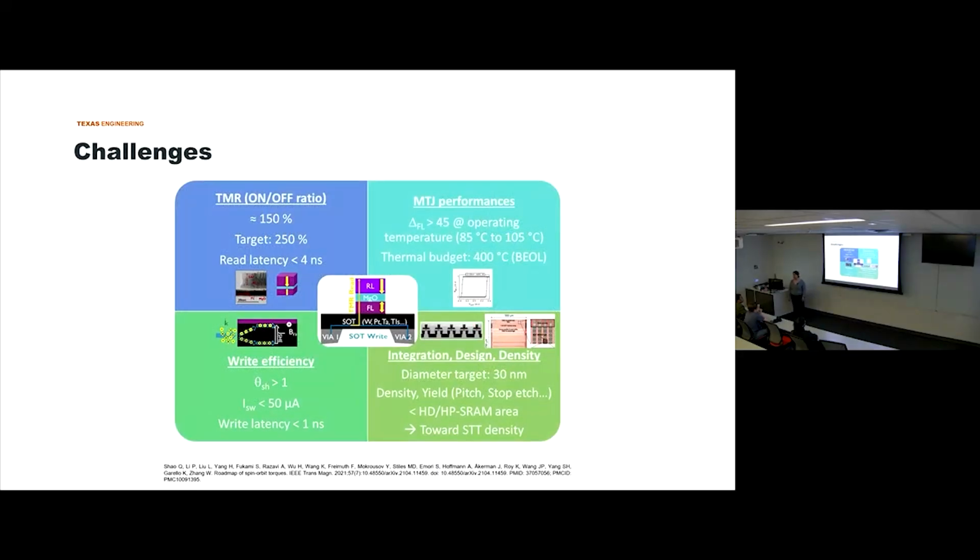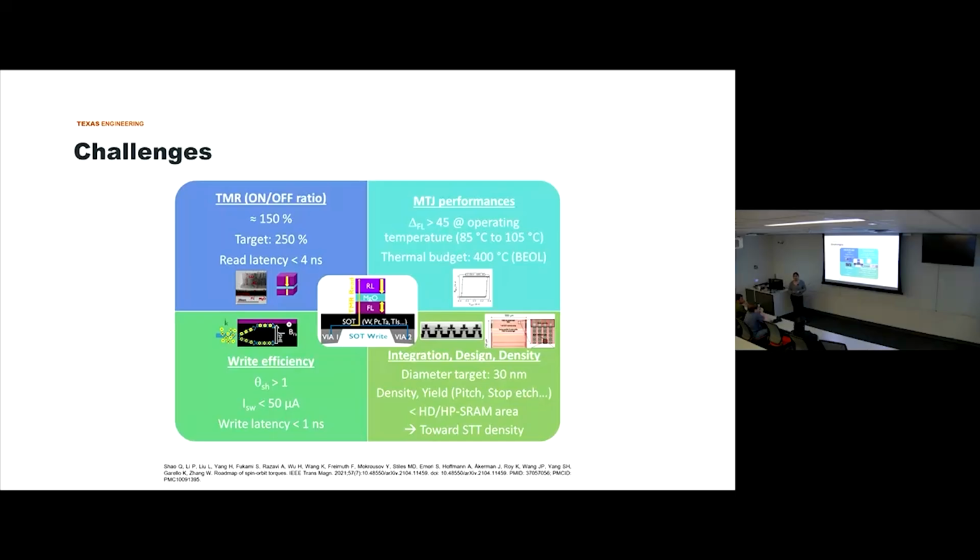So some main challenges to incorporating SOT into mass production: once again, we do need a really high TMR ratio, so our on-off ratio. Right now, it's around 150%, but the target is 250% for mass production. Also, we do need a really high write efficiency, so our spin Hall angle that I mentioned before, target is over 1.